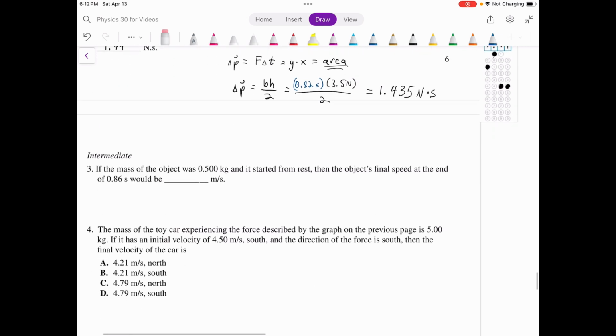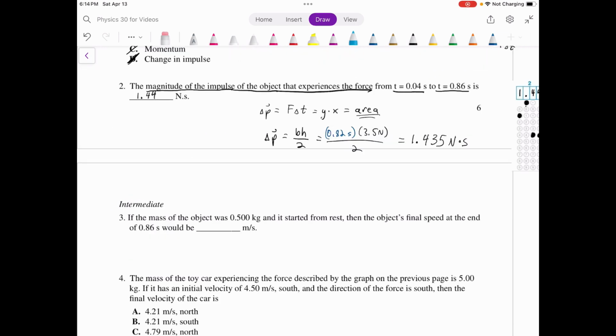Okay, two more also based on this graph. So now it's asking us if the mass of the object was 0.5 kilograms, and it started from rest, so it's saying initial velocity was 0, then the object's final speed at the end of the 0.86 seconds would be blank meters per second. So we're just looking for vf.